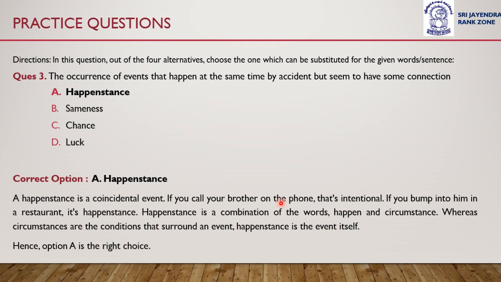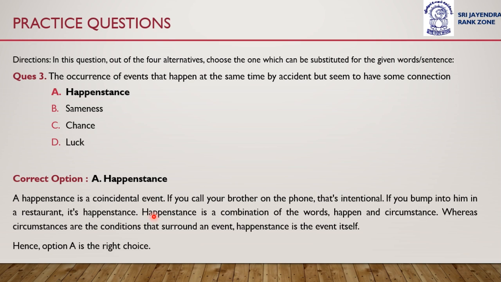If you call your brother on phone, that's intentional. If you bump into him in a restaurant, that is happenstance. Happenstance is a combination of the words happen and circumstance, whereas circumstances are the conditions that surround an event. Happenstance is the event itself. Hence, option A is the right choice.